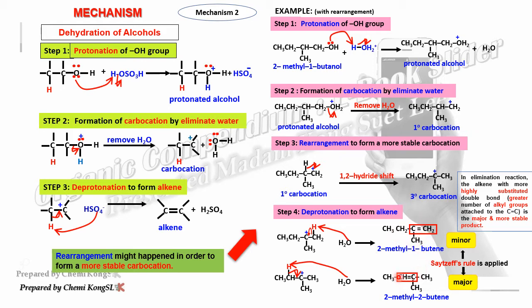How about this one? C double bond C. Here 1 alkyl group CH3, 2 alkyl group CH3, and here there are 3 alkyl groups, CH3. Meaning that this one is tri-substituted. So 2-methyl-2-butene is a tri-substituted product. Meaning that this one is the major product and 2-methyl-1-butene is the minor product when we apply the Zaitsev rules.